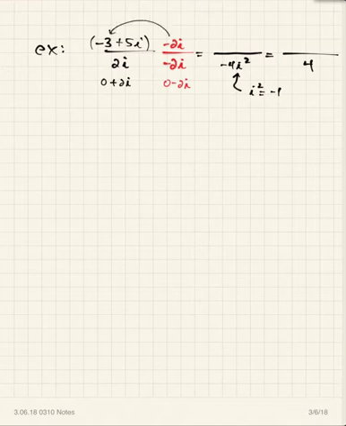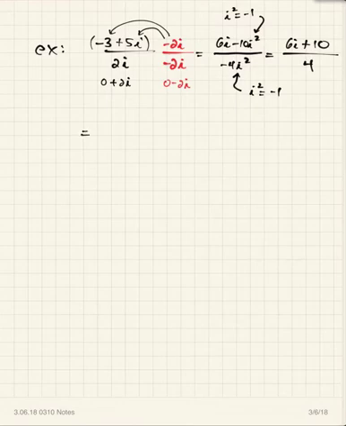So you have negative 2i times negative 3 is 6i. And then negative 2i times 5i is negative 10i squared. So i squared, once again, is negative 1. And so this is 6i plus 10, because it's negative 10 times negative 1.